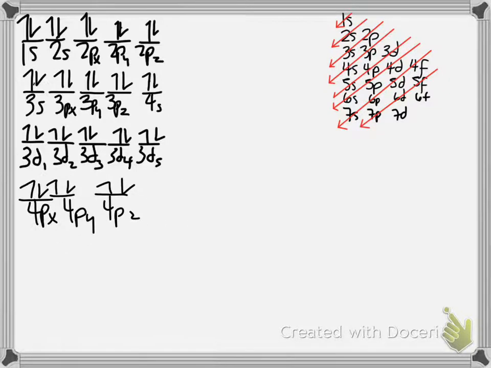What fills after 4P? 5S. 5S, 1, 2. And I'm just going to write a little tally for myself here. So that's 20, 2, 4, 6. That's 6 more. What fills after 5S?